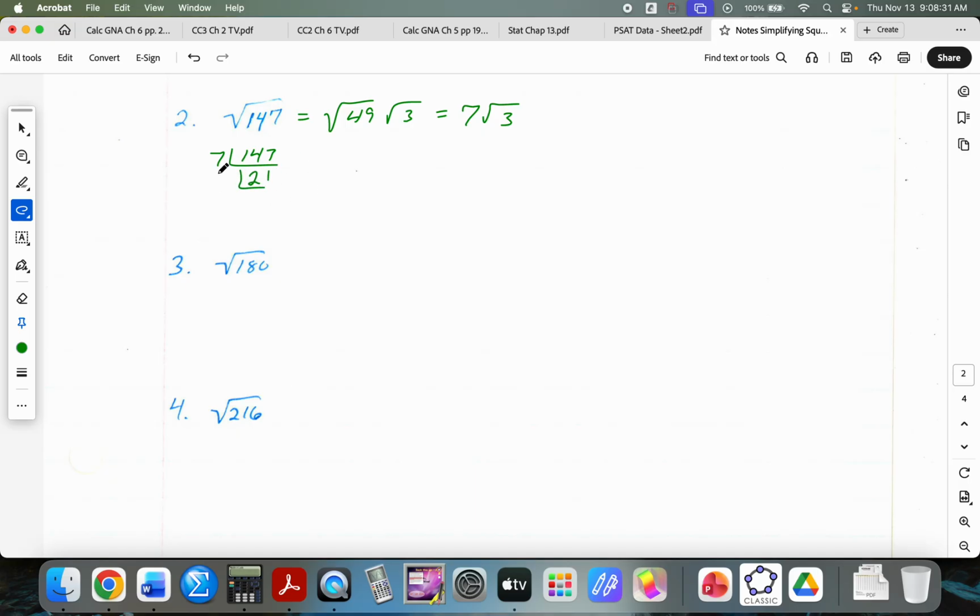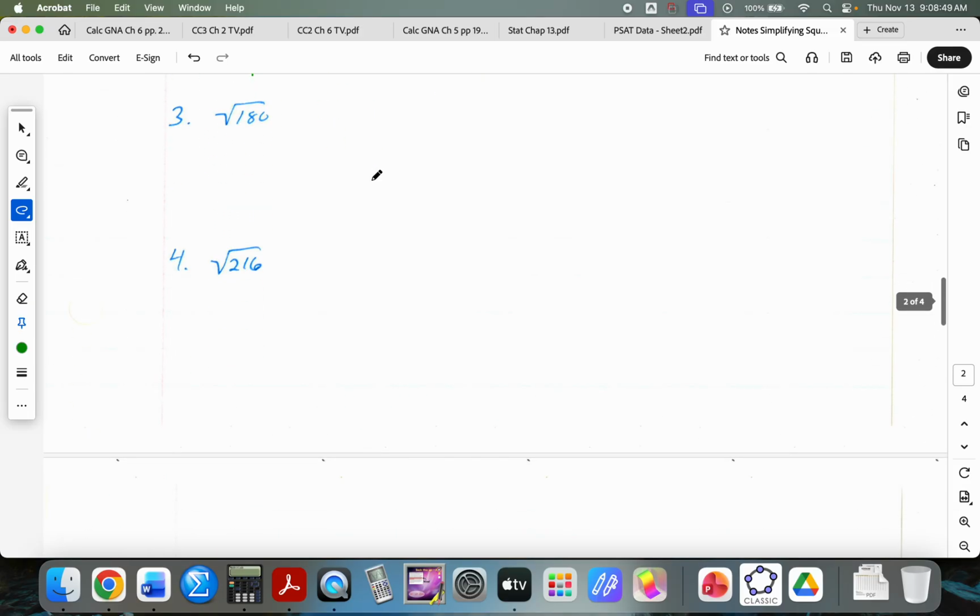So that's 21. I'll divide that by 7 again. And then divide that by 3. And we've got the square root of 7 times the square root of 7 is 7, and I have a square root of 3 still left.